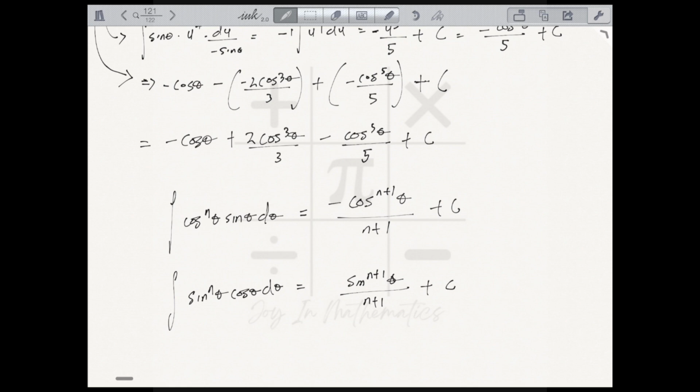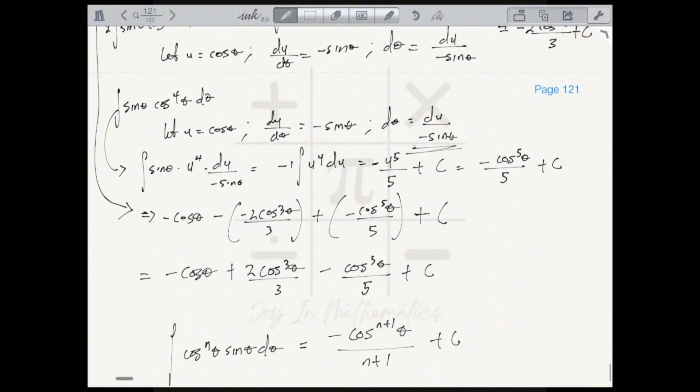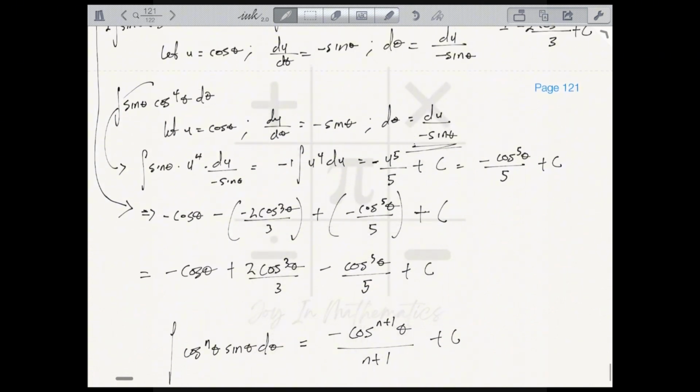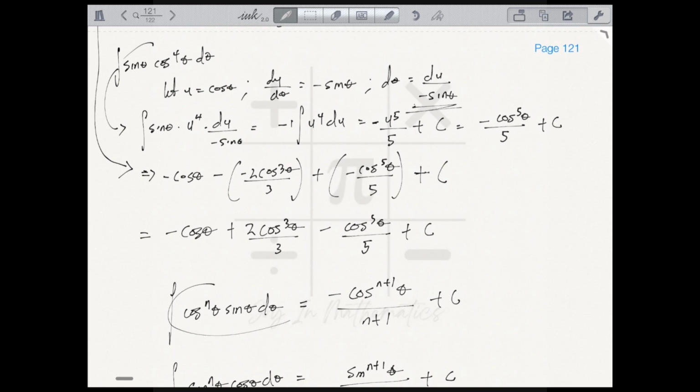Now let's take a look at this. In this question, we needed to integrate sine theta cos raised to power 4 theta d theta. If you compare it with this, that means it's similar to this. So our n is equal to 4, as we have here, and our answer was minus cos 5 theta over 5 plus c.